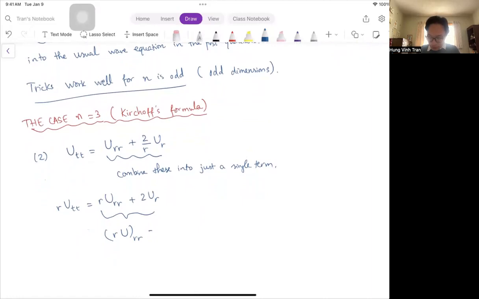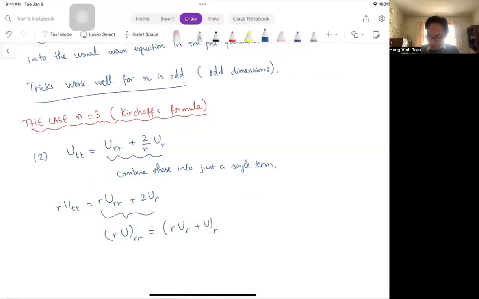If I differentiate once by the product rule, I have r times u_r plus u, since if I differentiate r it becomes 1.